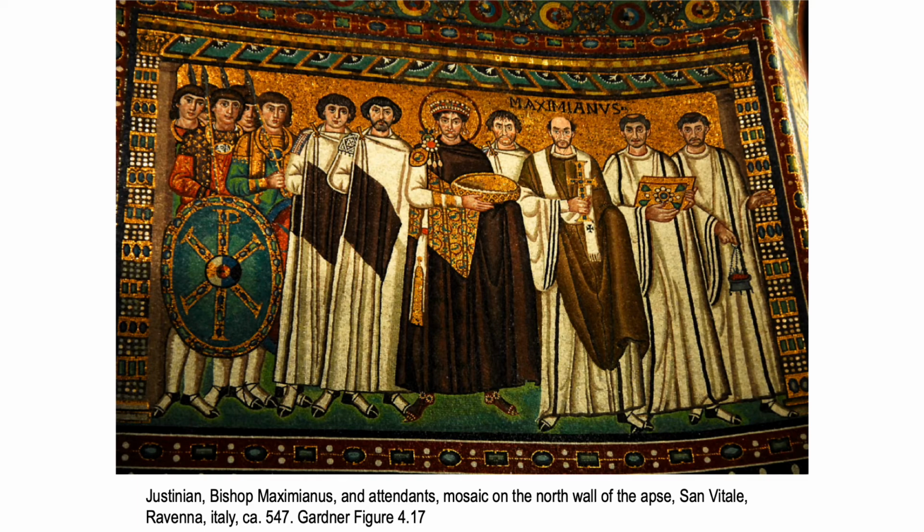Justinian's building initiative was very large, so large that he really couldn't afford to pay for it. And so because of that, Bishop Maximianus is the one who actually puts up most of the money for the church in Ravenna. He has access to quite a bit of money. He's a fairly wealthy gentleman.